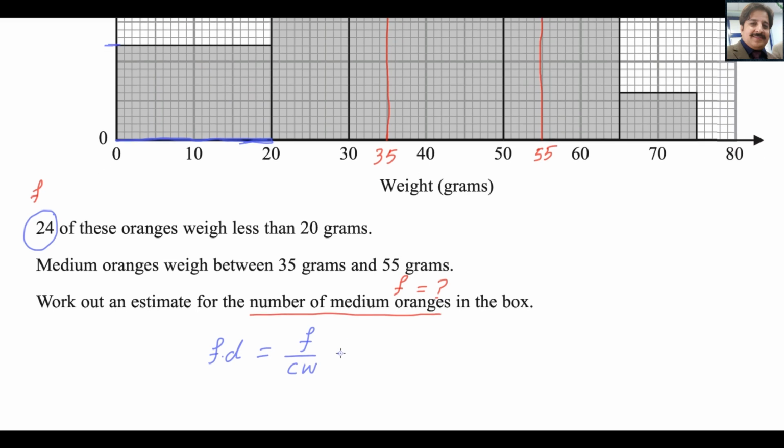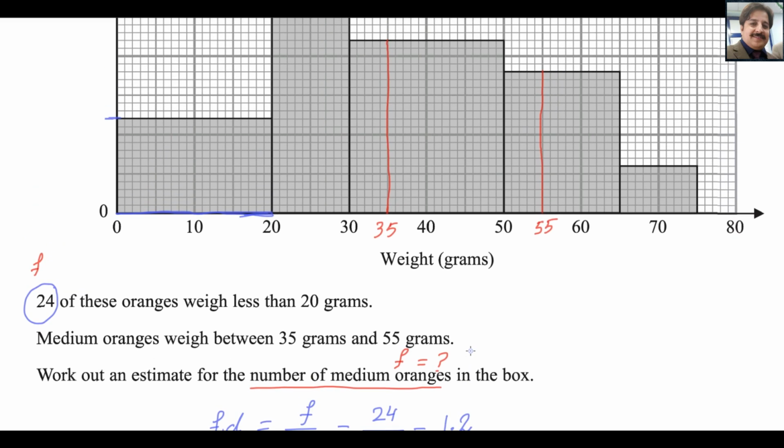For this one, we know that the frequency is 24 and the class width of this interval from 0 to 20 is 20. If you use a calculator it gives you the answer 1.2. Okay, therefore we can write here this point is 1.2. Now we can conclude one thing.